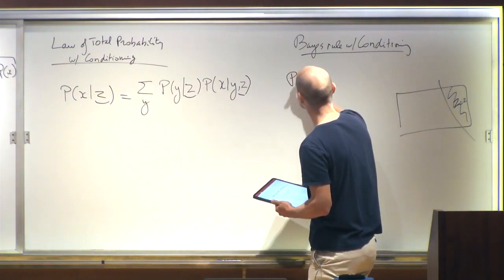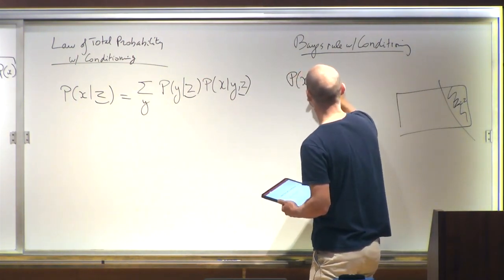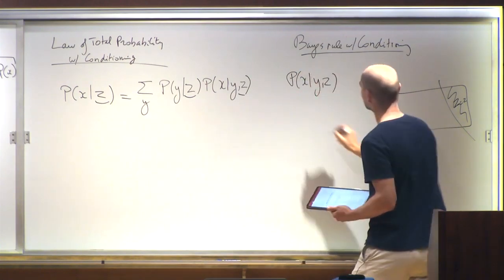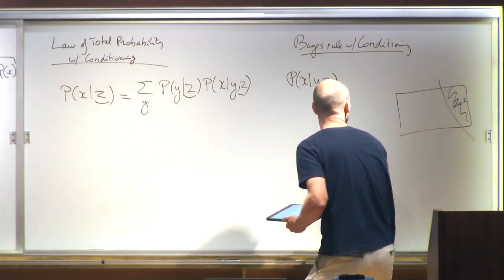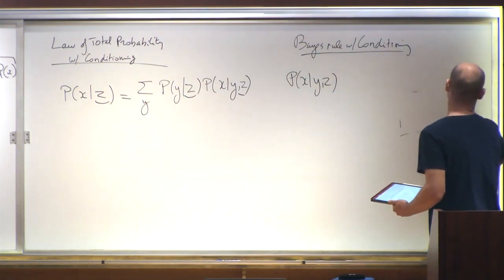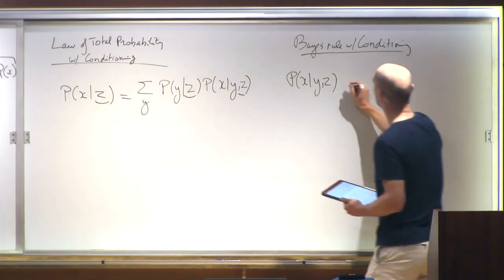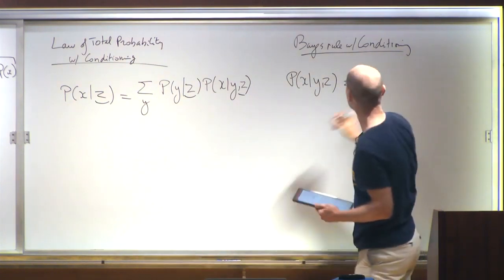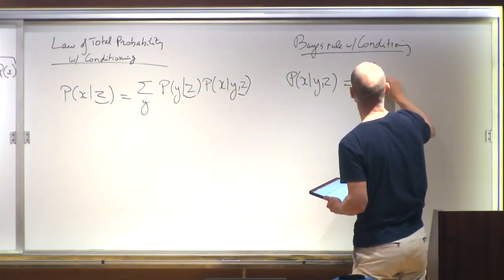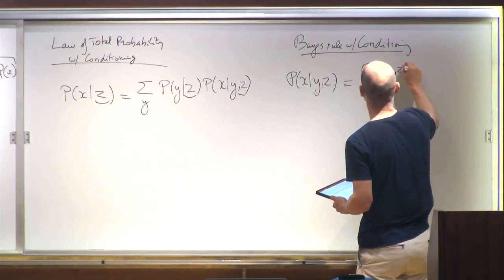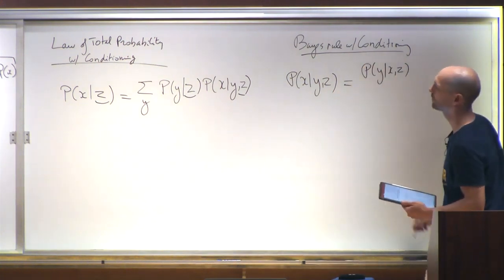P(x | y, z) is equal to, well, what did we have? We had P(y | x), but of course also z, because z needs to be in the back everywhere now.